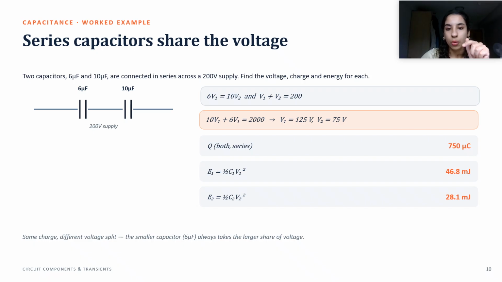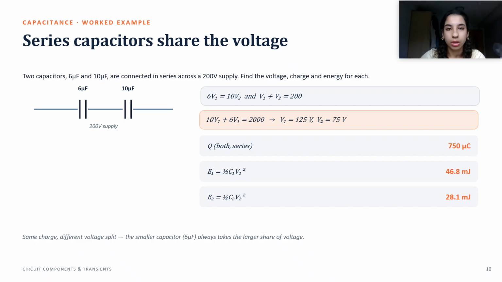Now, that way we can use either 6 V1 or 10 V2 to find the total charge, because we said the charge in each capacitor should be equal. So 6 times 125 gives you 750, and that will be 750 microcoulombs, I think.